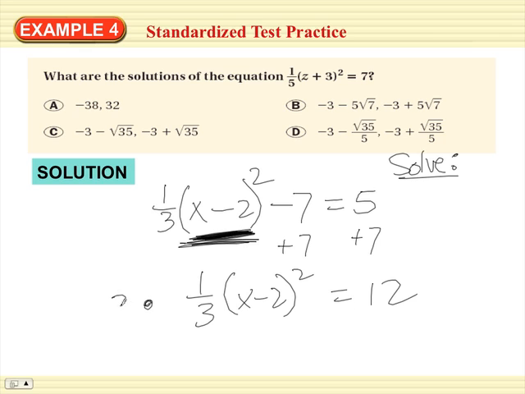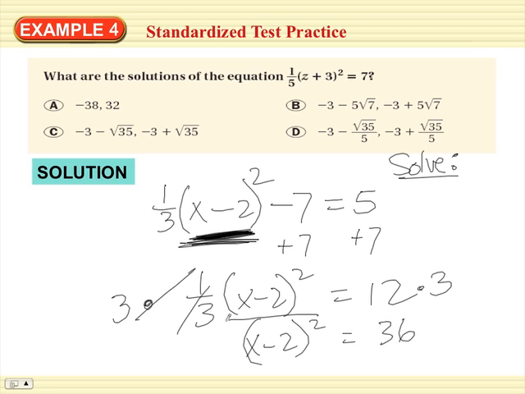Now what can we do? Now we multiply by -3. And then we cancel out here. This is 36. (x minus 2) squared equals 36. Now we can take the square root. Square root. x minus 2 is equal to what? Plus or minus 6.